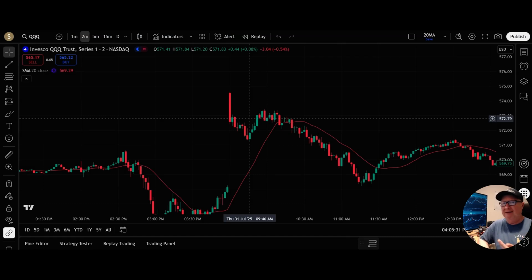It's really psychological. But what has happened over the years is that 50% number has gotten coded into algorithms so that the big money uses it. And it's become almost a self-fulfilling prophecy in a lot of retracement trades. Liquidity gets added at Fibonacci levels by big money.